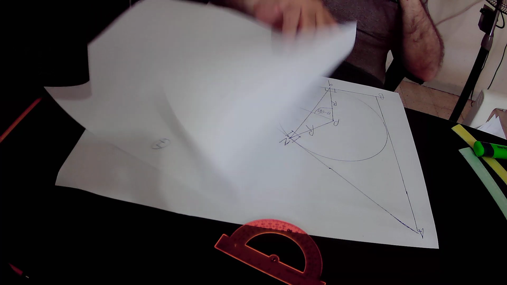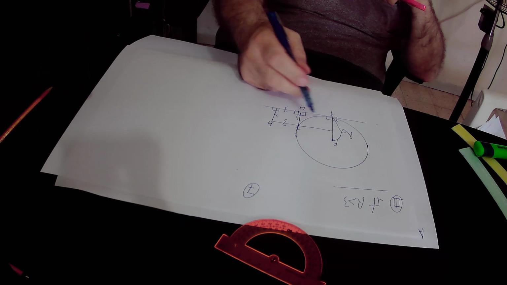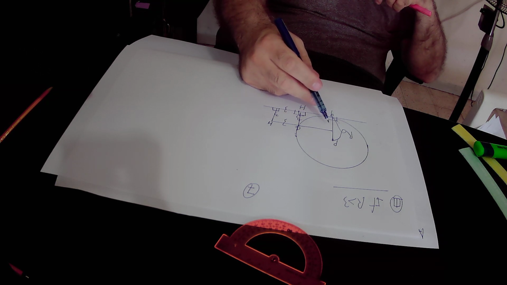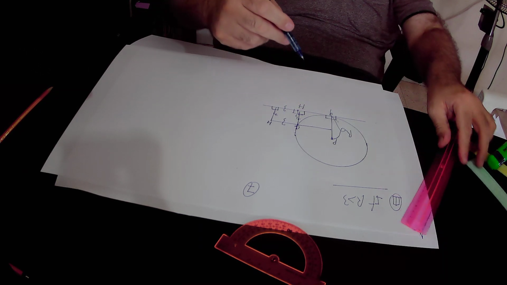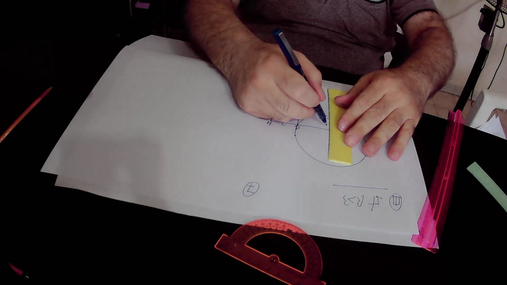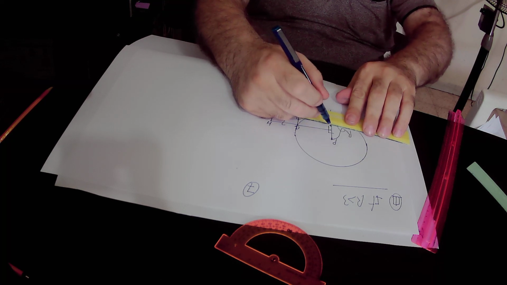Here from point G we draw a perpendicular on the radius PQ. Repeat again: from point G we draw a perpendicular on the radius PQ. So here this angle equals 90 degrees, and this angle is also equal to 90 degrees.